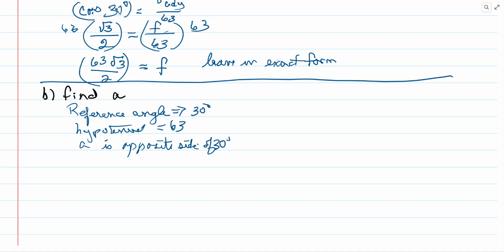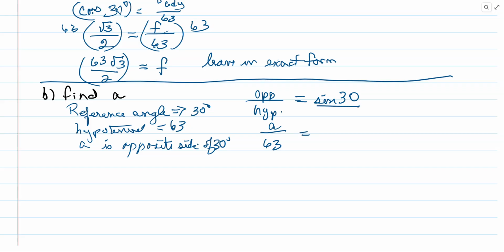So we have opposite over hypotenuse, and that's going to mean it's the sine of 30 degrees. That's our equation, so we're going to write in what we know. This is an A, and this is 63.